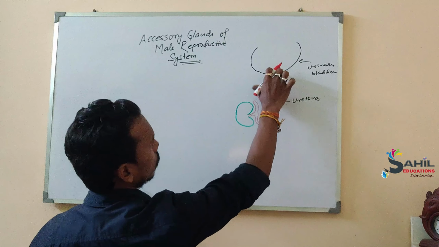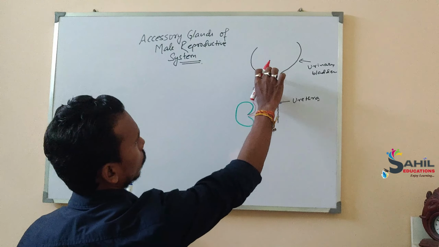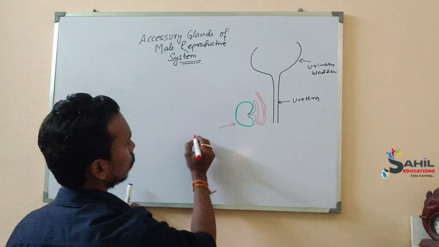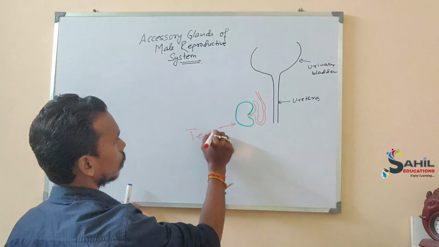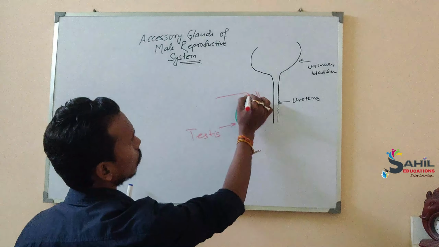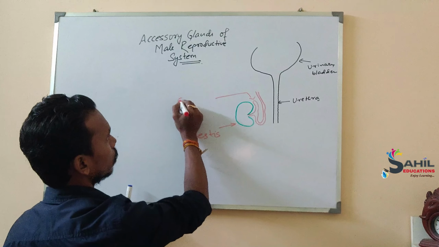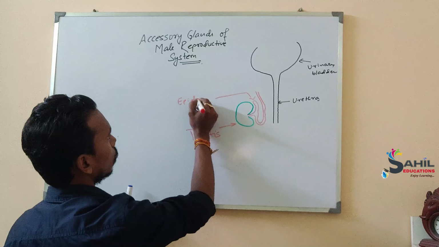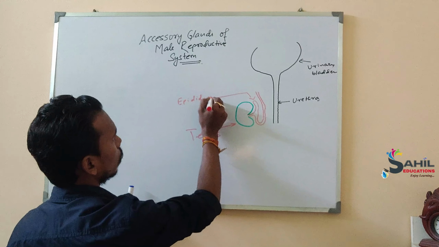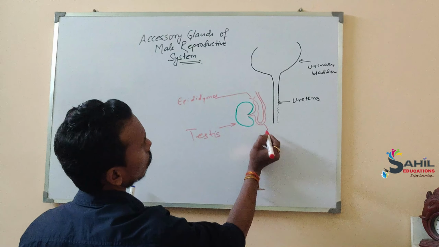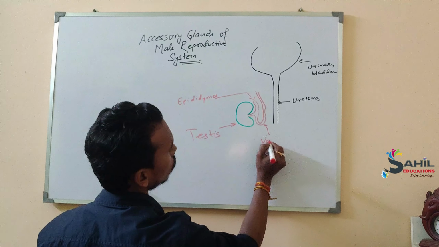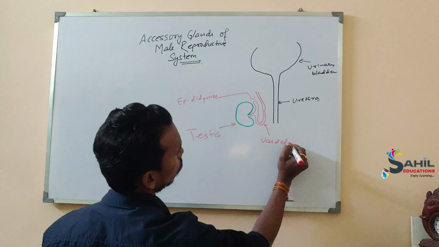So this is the testis, this one is the epididymis, and this is going to be the vas deferens.